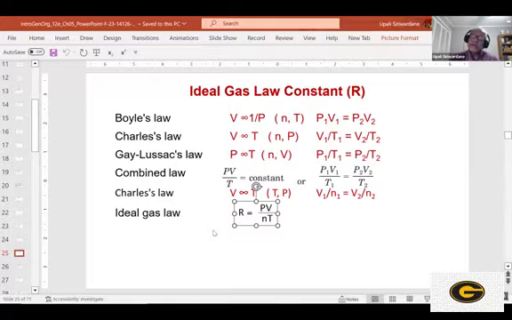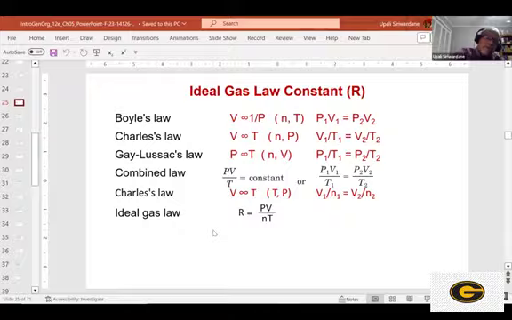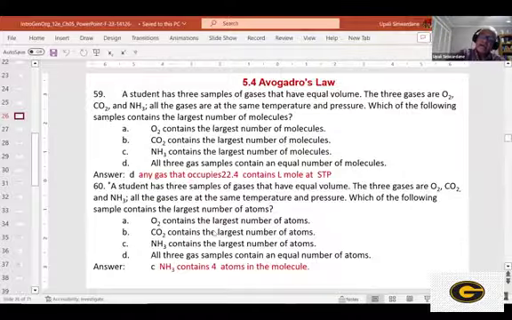All the temperatures used in the gas laws are Kelvin temperatures. So make sure when you do a calculation, you convert temperature from Celsius to Kelvin. Avogadro's law also defines the volume of 1 mole of gas at standard temperature and pressure, which is 22.4 liters.